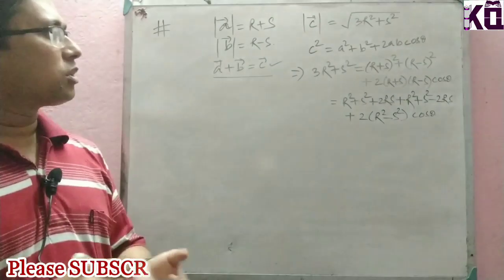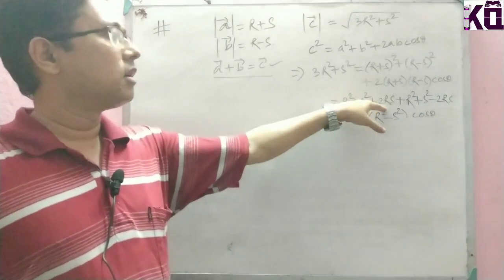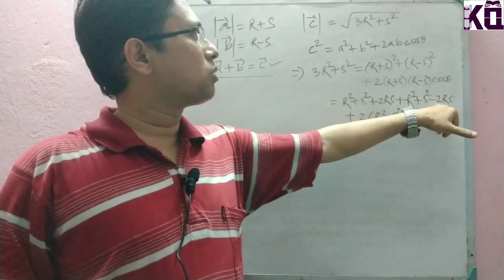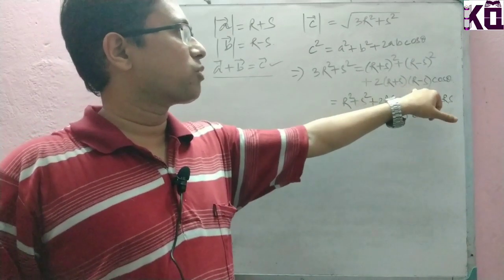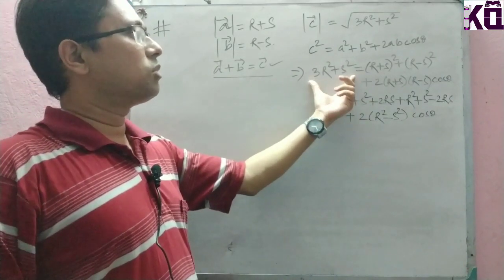For the first one we get a plus b whole square, so a square plus b square plus 2ab. For the second one we get a minus b whole square, so a square plus b square minus 2ab. For the third one we get 2 into r square minus s square cos theta, and finally this total value must be equal to 3r square plus s square.